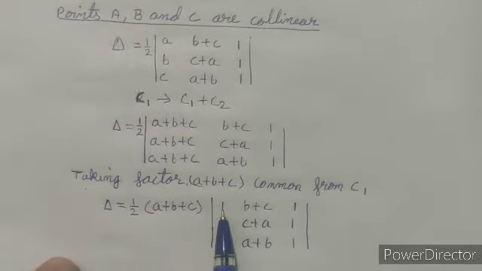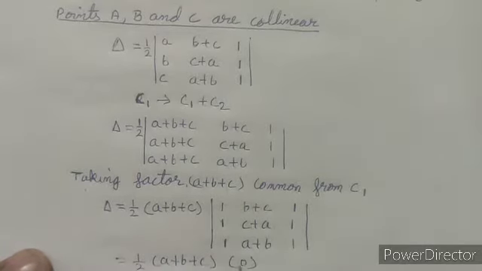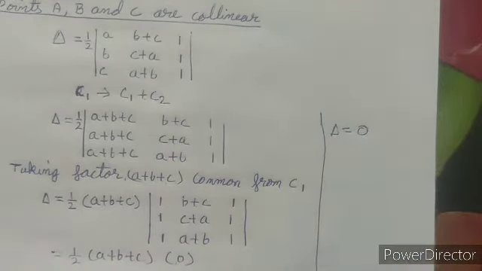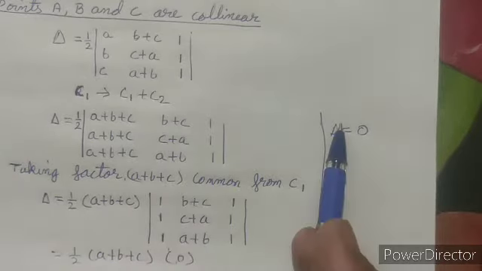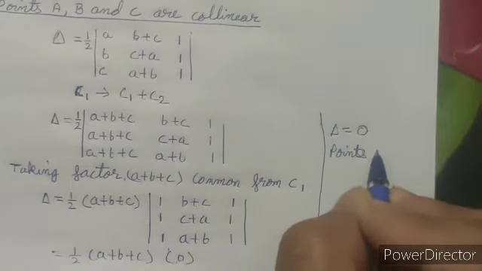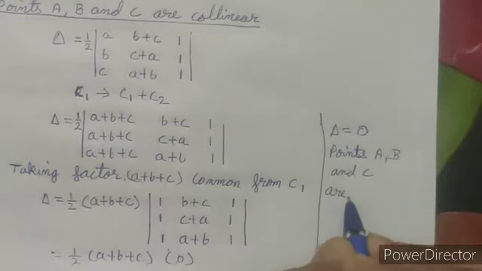As we see here that column 1 and column 3 are identical, so we can say that the value of the determinant will be equal to 0, and that will give us area of triangle equal to 0. As we are getting area of triangle equal to 0, that means points A, B and C are collinear points.